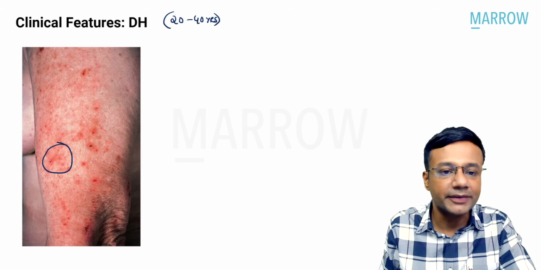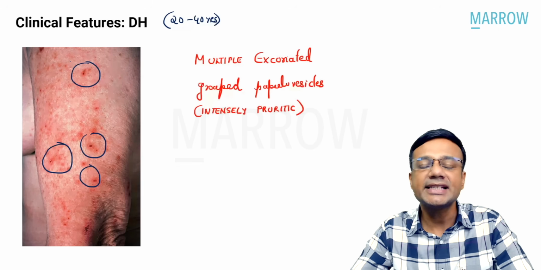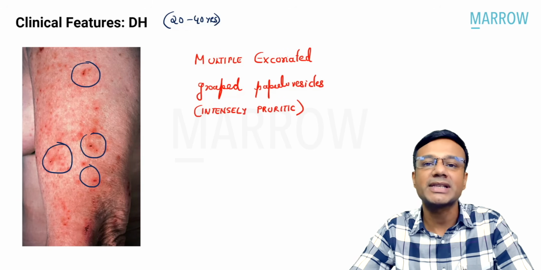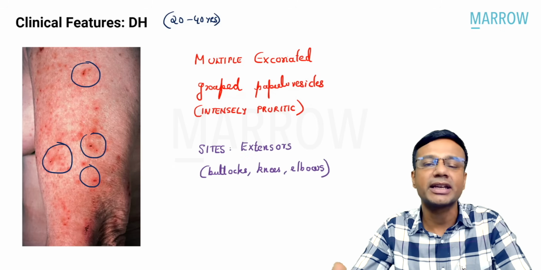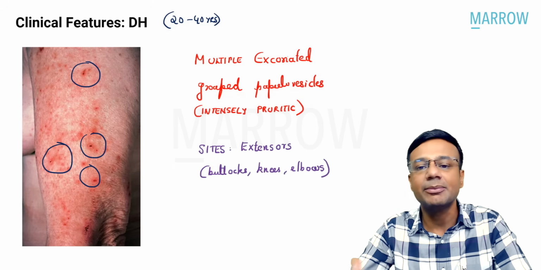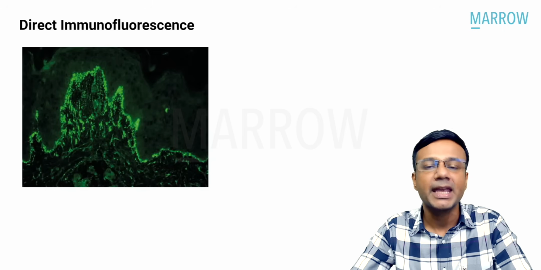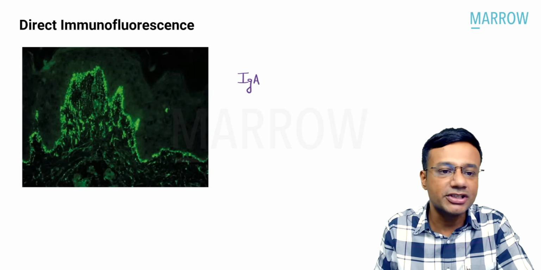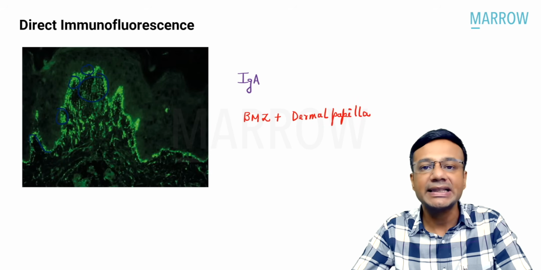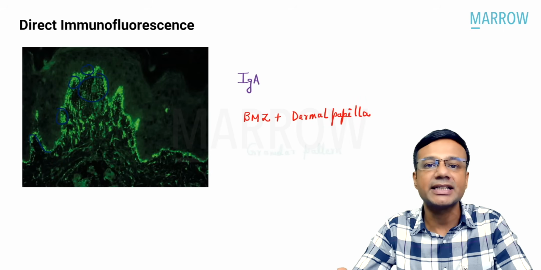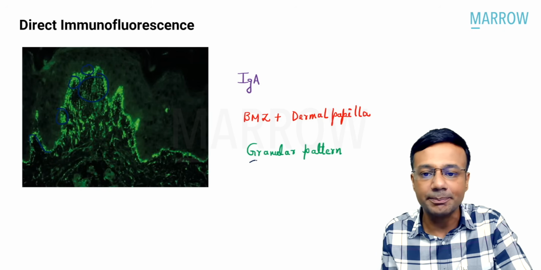You have grouped intensely pruritic papulovesicles, and these are predominantly distributed over the extensor aspects of the body. So it can involve the back of the scalp, the elbows, knees, and the buttocks. When you do a direct immunofluorescence, what are we going to find? We're going to find the IgA deposition, not only along the basement membrane zone, you're also going to find them in the dermal papilla, and this characteristic distribution pattern is referred to as granular pattern.